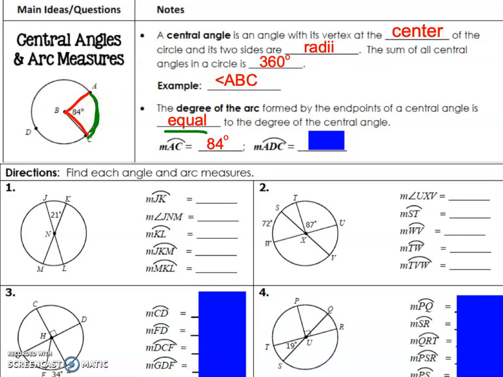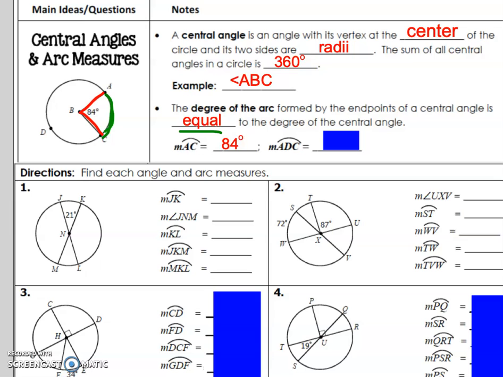And then we could do some math to figure out the other side. So ADC would be from A to D to C. So that's this major arc. And so we're going to use our knowledge that circles have to add up to 360. And so we know this arc is 84.